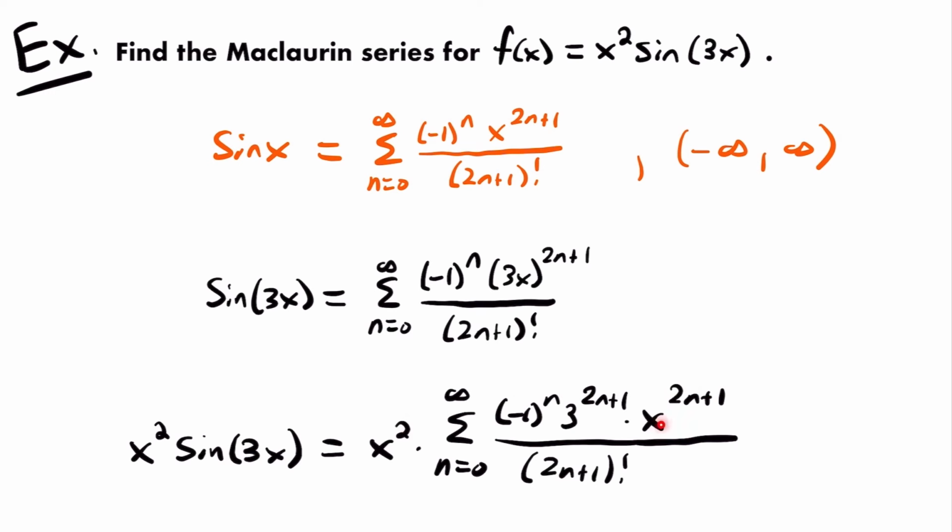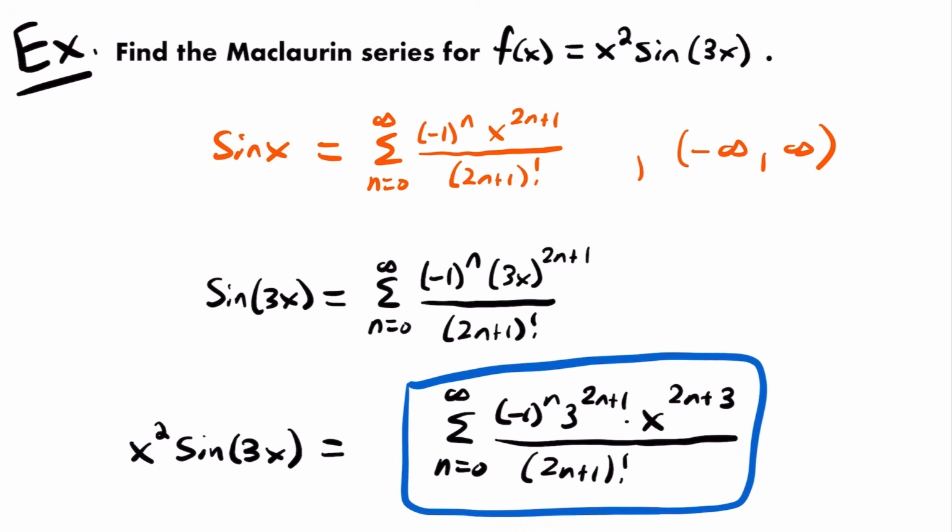X squared times x to the power of 2n plus 1 will be x to the power of 2n plus 1 plus 2, which will be 2n plus 3. So we can erase that 1 and have 2n plus 3, and then erase this x squared out front. And now what we're left with is the Maclaurin series that represents x squared times sine of 3x. This Maclaurin series represents that function.